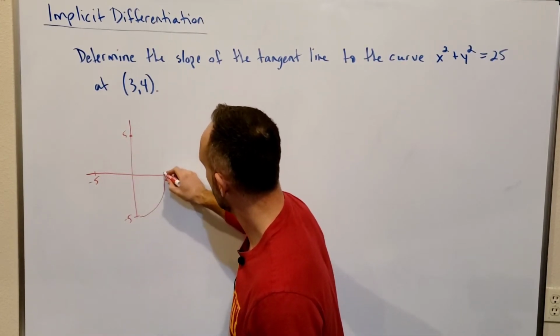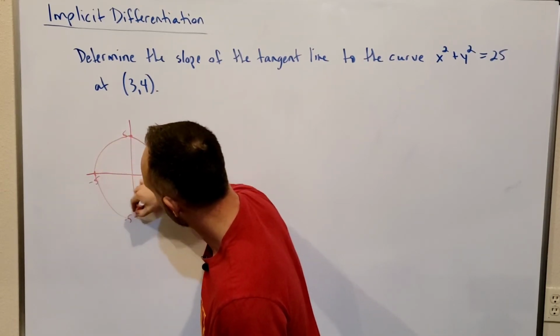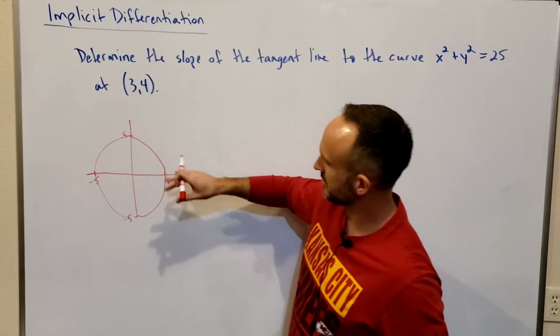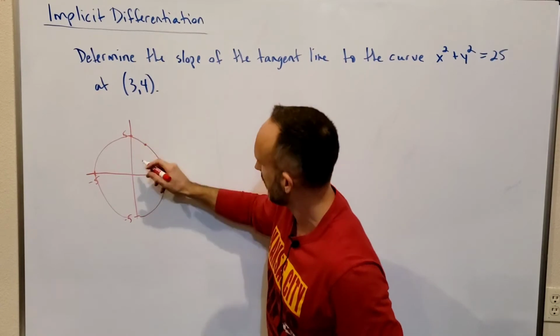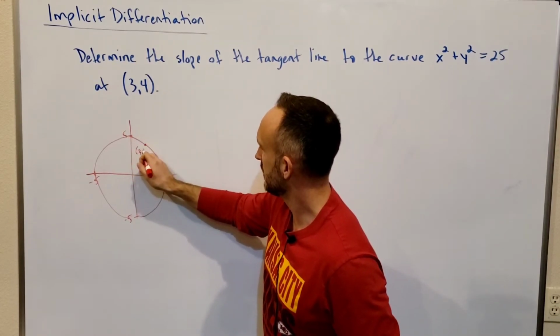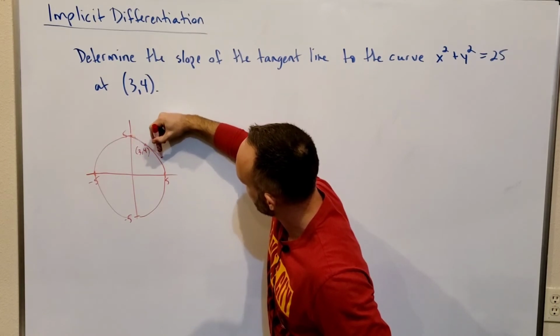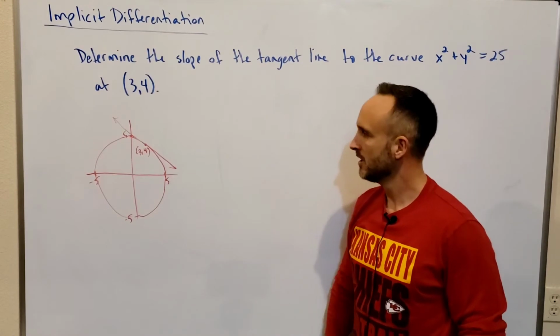And then it would look roughly, very roughly, like this, okay? And so we would want to know the slope of the tangent line to this circle at the point 3, 4, which maybe is right there, right? 3, 4. And then the tangent line we're looking at is this guy right here. And we want to know the slope of that tangent line.